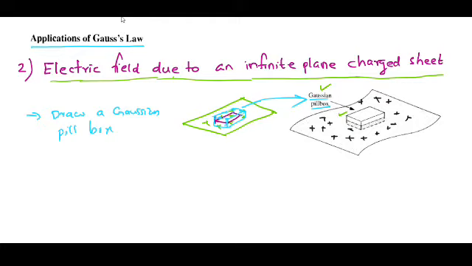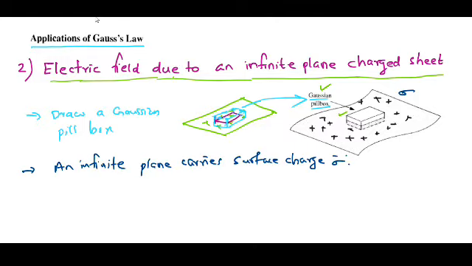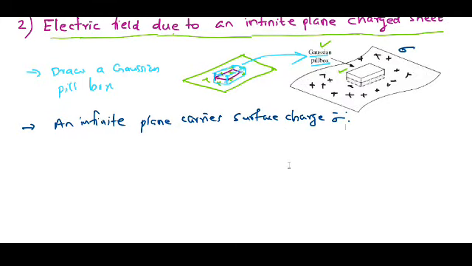Actually, this is an infinite plane, which carries a surface charge density sigma. Then we have to find out the electric field due to this infinitely long plane charged sheet.